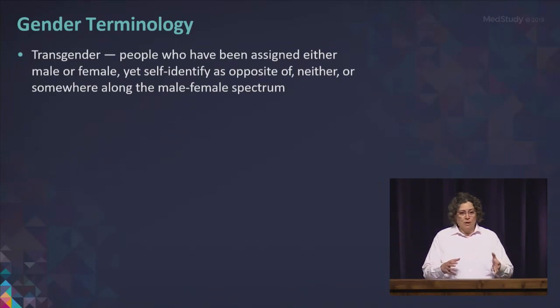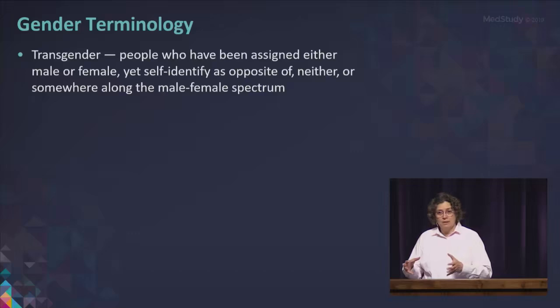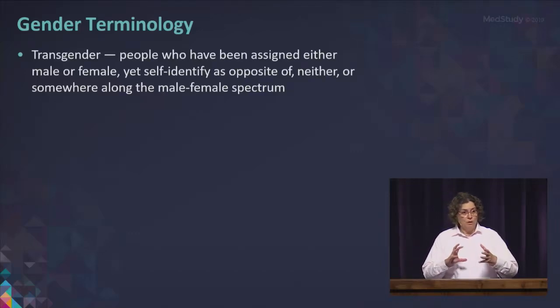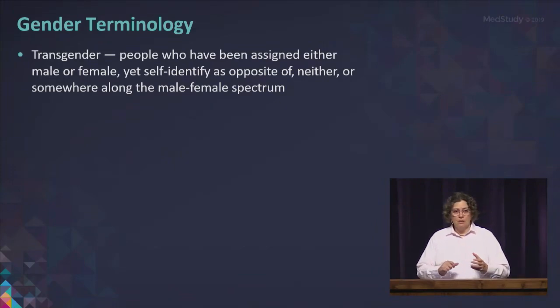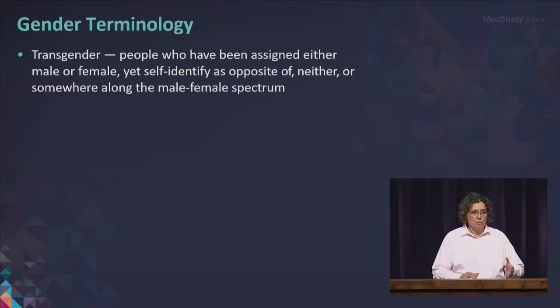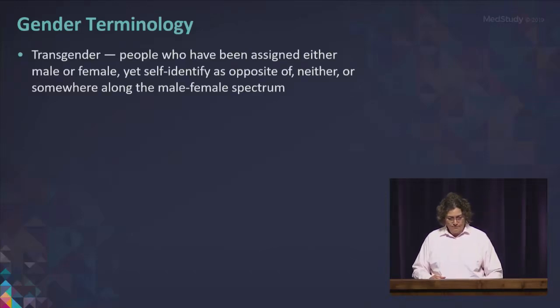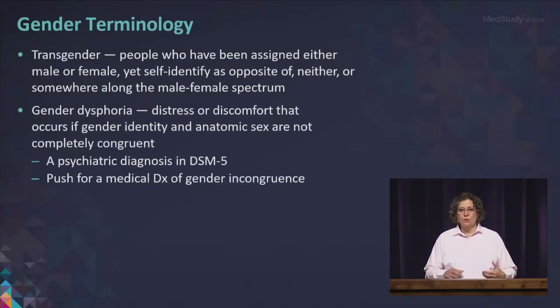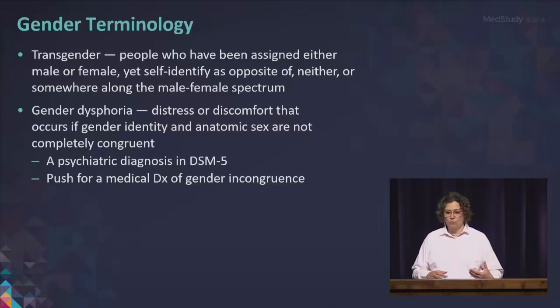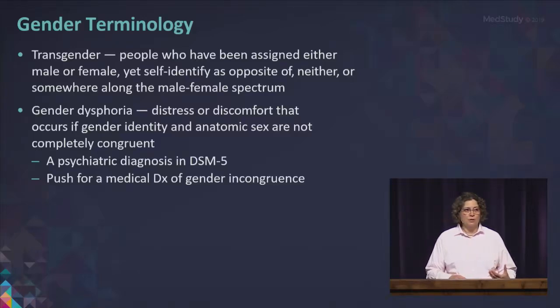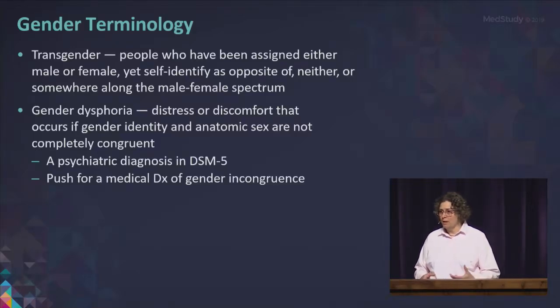But somewhere along the way, as they acquired their gender identity, they now don't agree with what they were assigned at birth. And again, it could be the opposite, it could be somewhere along the spectrum, but they are not who they were assigned. Gender dysphoria is the anxiety or depression or distress that comes along with being transgender. And currently, that is the most up-to-date diagnosis that we have for these patients.